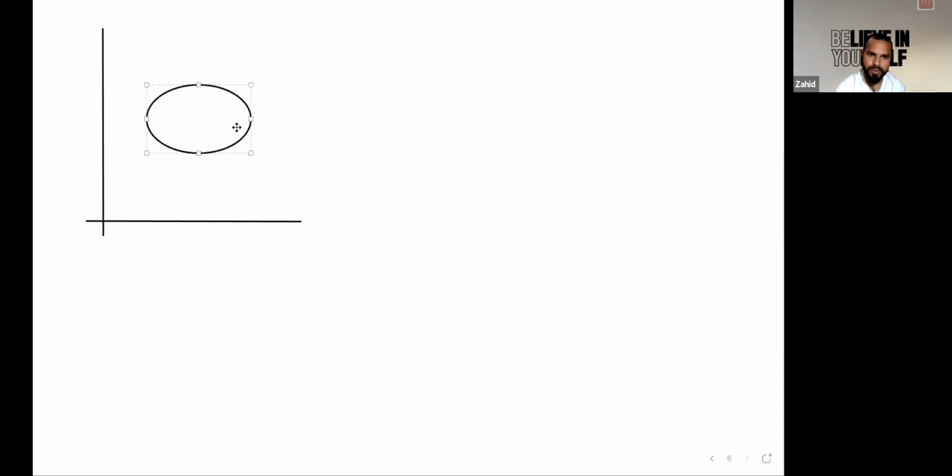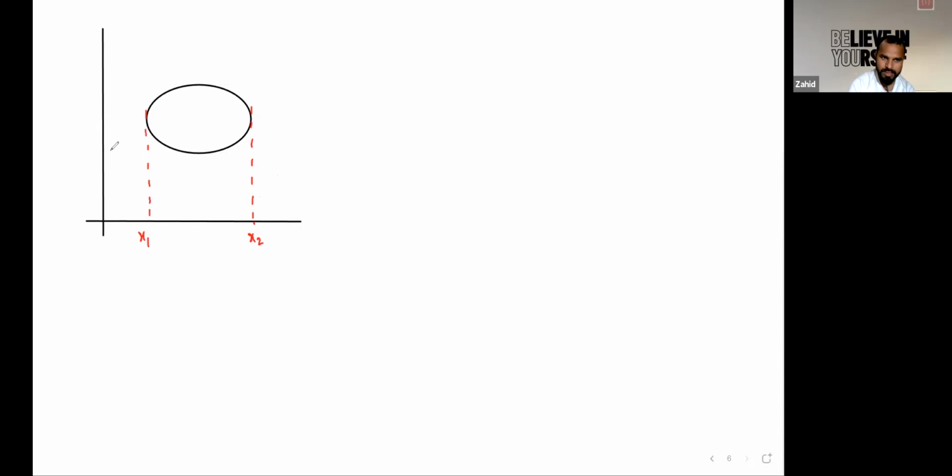Now, having defined slope first, second is area related to any given curve. Suppose you have any curve shape like this, whether it is a circle, ellipse, or any other shape. How to calculate the area of this ellipse? Just draw a coordinate from this point and the other from this point. Let's say this particular term is x1, x2.